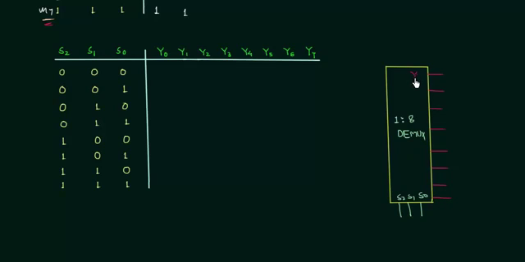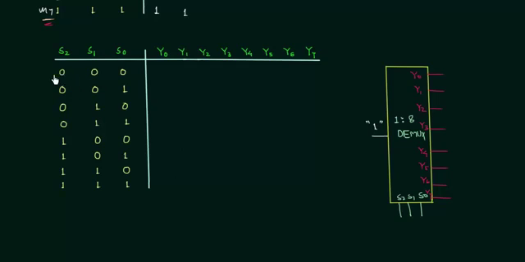This is Y0, Y1, Y2, Y3, Y4, Y5, Y6 and Y7. So these are the 8 outputs, and we have single input in demux, and in this case let's say input is always high, 1, right?